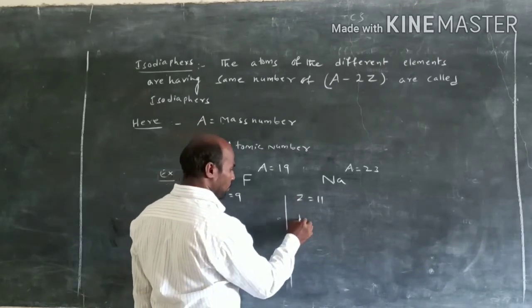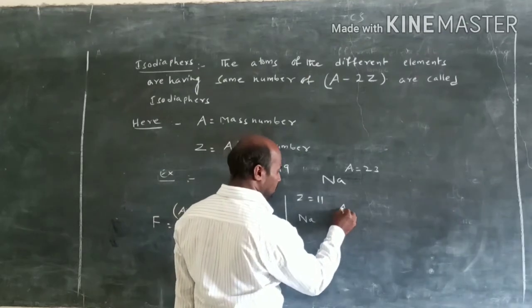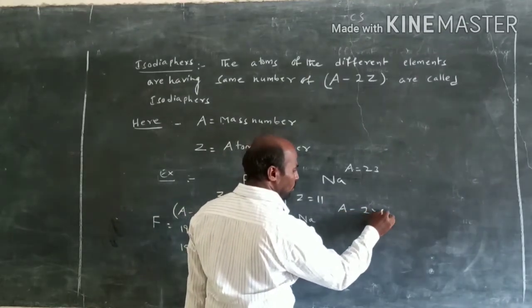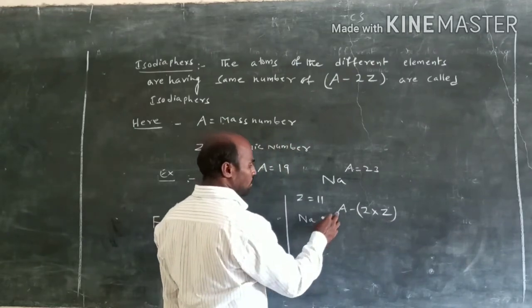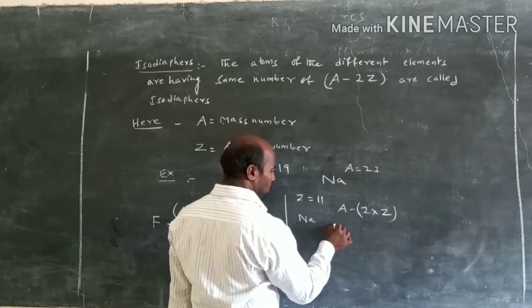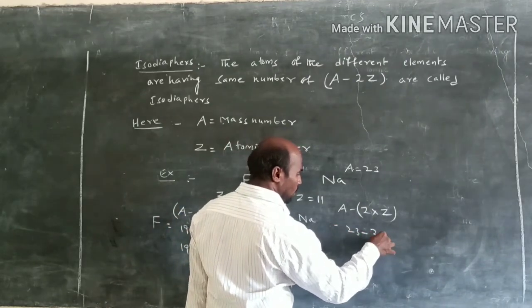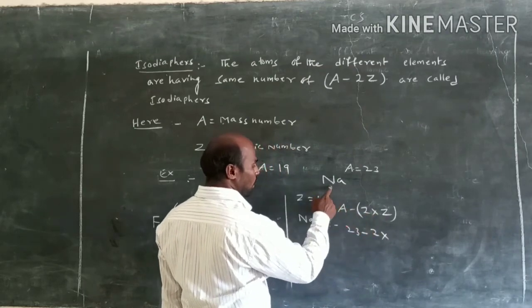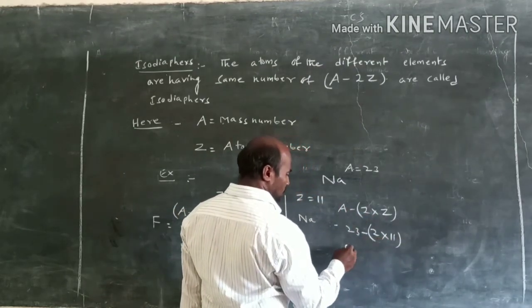So we can take the sodium atom. What is the formula? A minus 2 into Z. Here, what is the mass number of sodium? Mass number of sodium is 23 minus 2 into Z. What is the Z of sodium? Atomic number of sodium is 11.